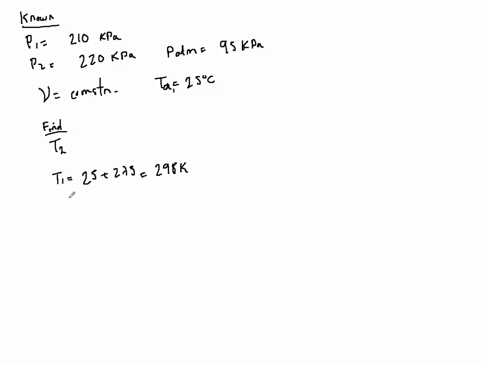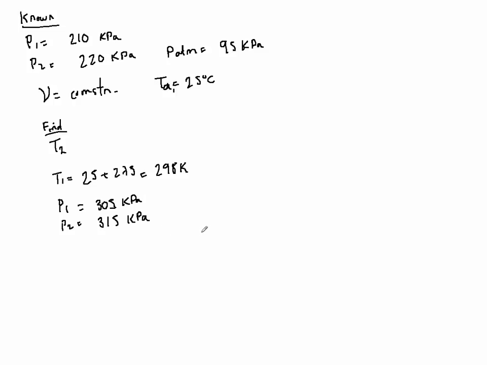We do the same process for P1 and P2, in which both of them are going to take the gauge value plus the atmospheric value to make it into absolute values. This is going to give us 305 kilopascals for P1, and P2 is going to give us 315 kilopascals.